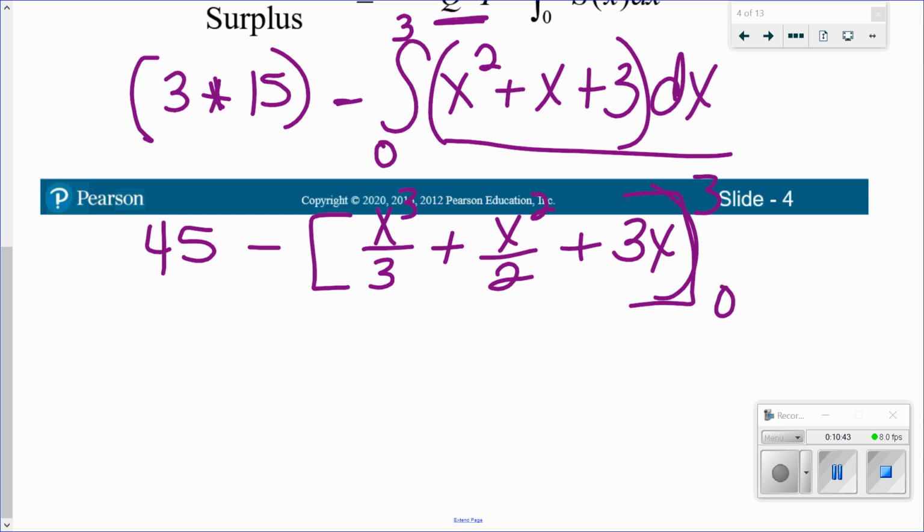So again, I'm going to throw that part into my calculator. Okay, so we have x cubed divided by 3 plus x squared divided by 2 plus 3x.